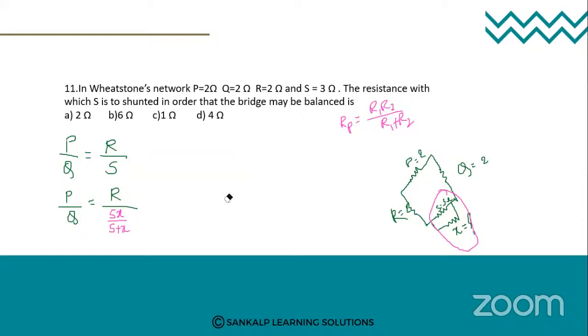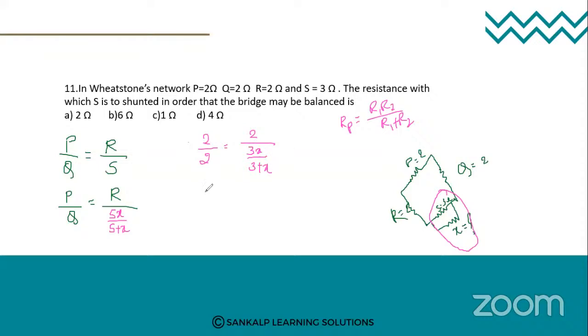Let us calculate the value of X. P value is 2 upon Q value which is also 2, equal to R value 2 divided by, S value 3, X you keep as it is, divided by 3 plus X.